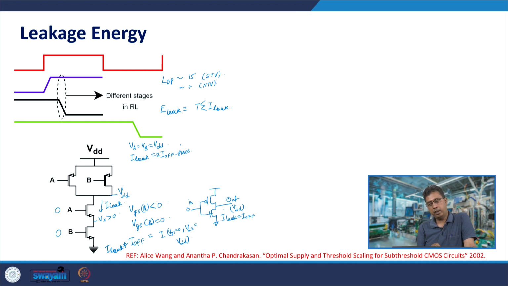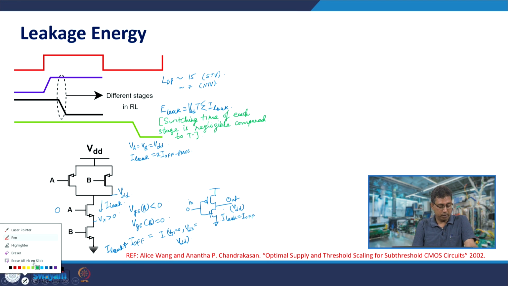So, you add all the leakage currents for the entire logic path into VDD. So, this is the leakage energy. The inherent assumption here is that the switching time of each stage is negligible compared to the clock period. That is the basic assumption using which we derive this expression.